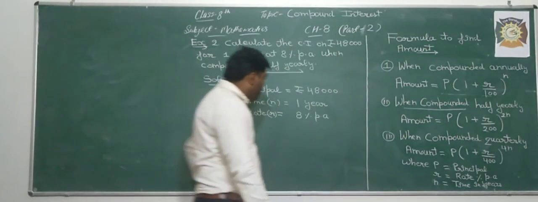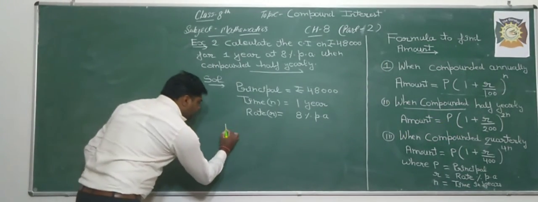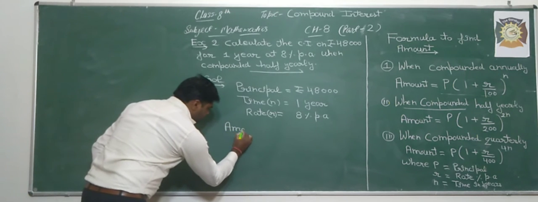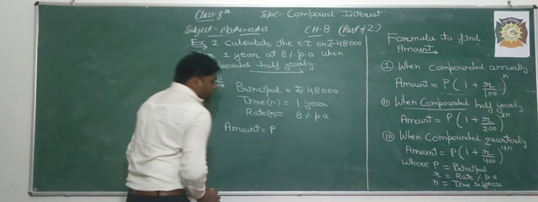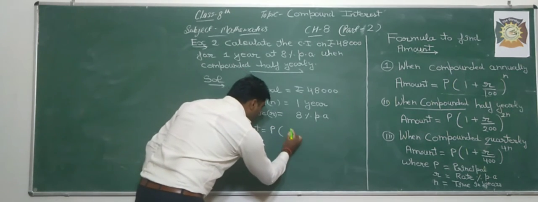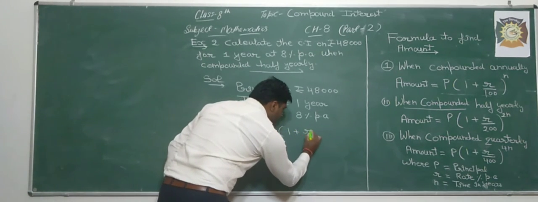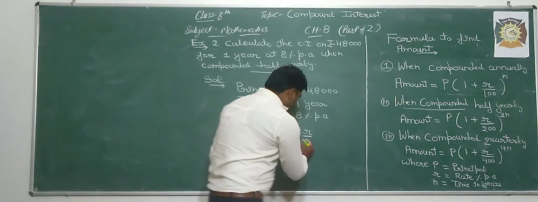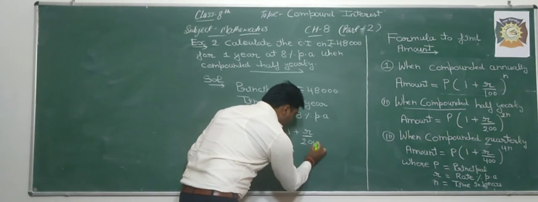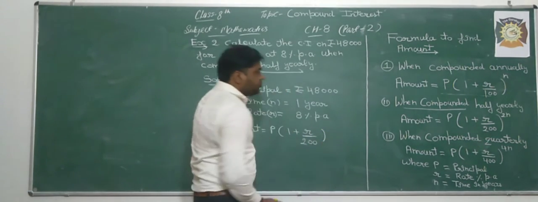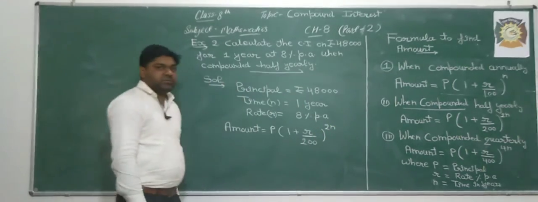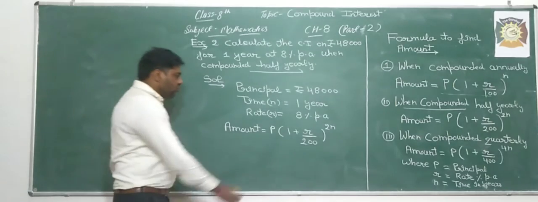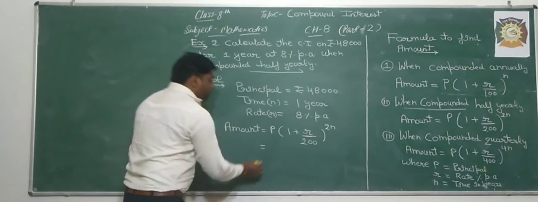Now because it is compounded half yearly, so then we can use this formula. So write down the formula to find the amount. This is principal into 1 plus rate upon 200 raised to the power 2n. So how we can write? Putting the values. What is the principal?